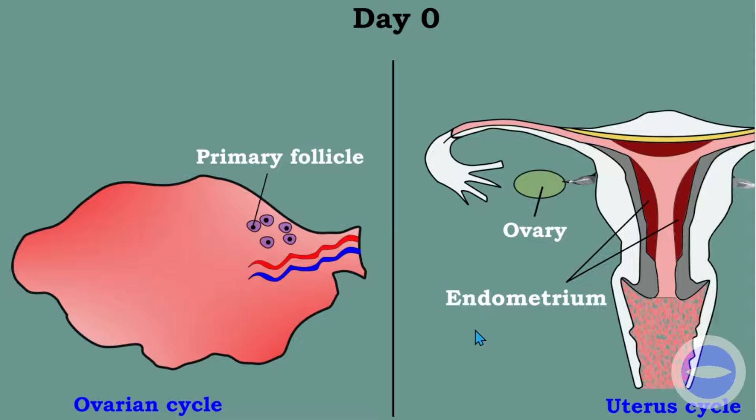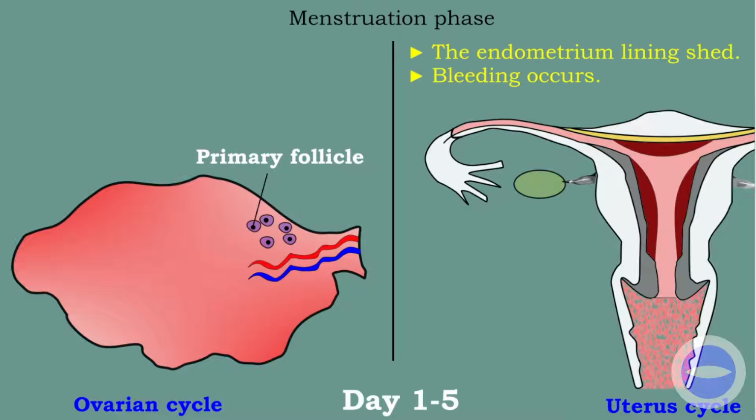So let's start. We have the ovarian cycle on our left hand side, and then the uterine cycle on your right hand side. Let's start with the menstruation phase, day 1 to day 5. During the menstruation phase, the endometrium lining sheds and then bleeding occurs.